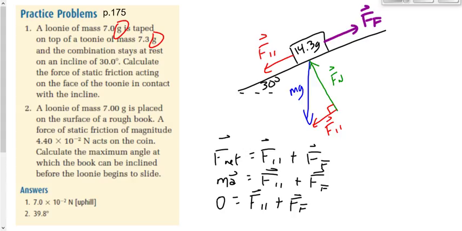We do need to find F parallel. Actually, I should have done that already. Let's say sine 30 degrees is equal to F parallel over m times g.